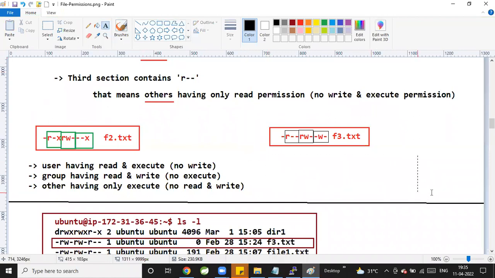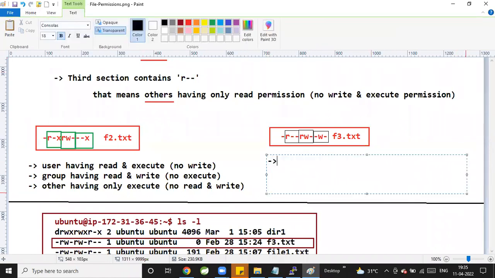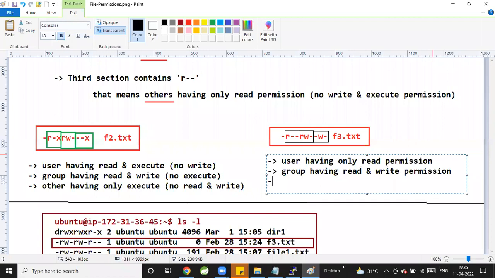Who is having which permissions? User having only read permission. Group having read and write permission.